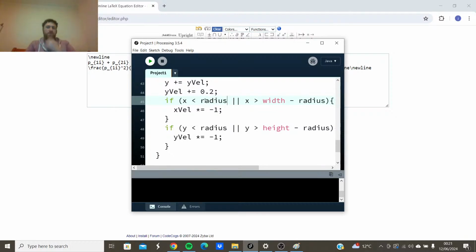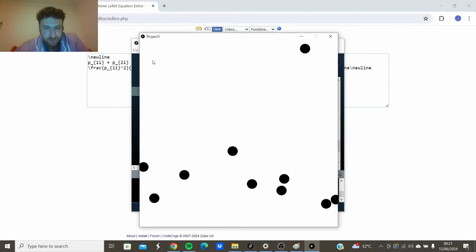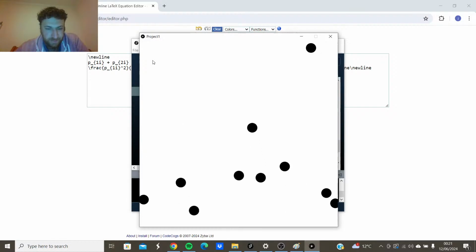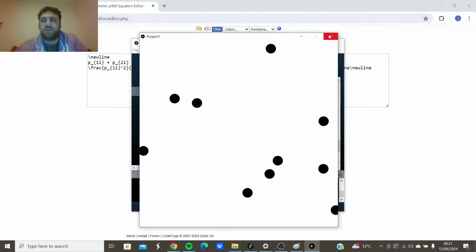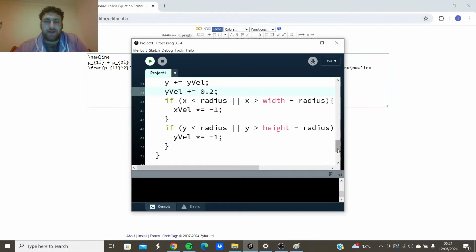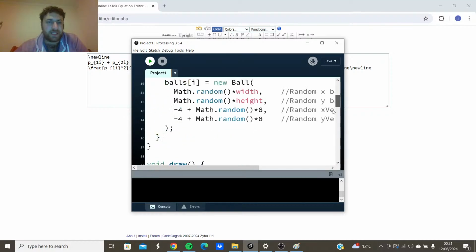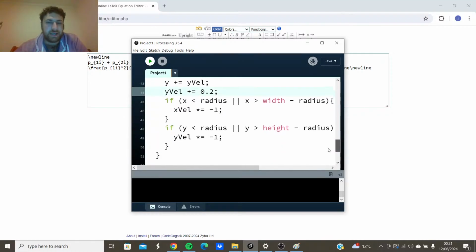This should help our collisions work more properly. There we go. Now they are not properly bouncing on the floor, because it is going by diameter, because apparently that is the diameter.